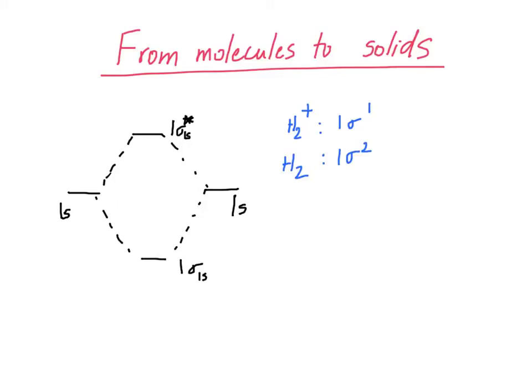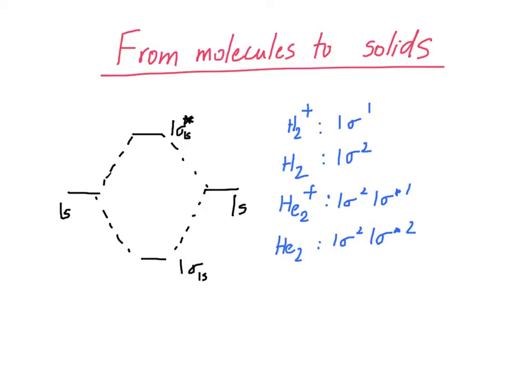And likewise, as you move to slightly bigger atoms, let's go on to helium, right? Helium 2 plus and neutral helium 2, we would get the following types of electronic structure. So here are the electronic configurations for a bunch of molecules.